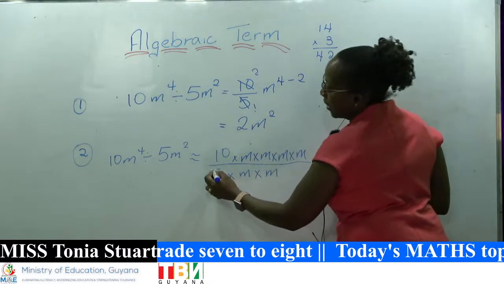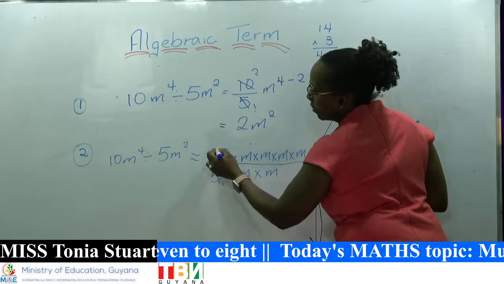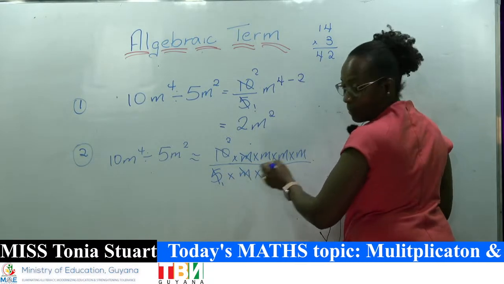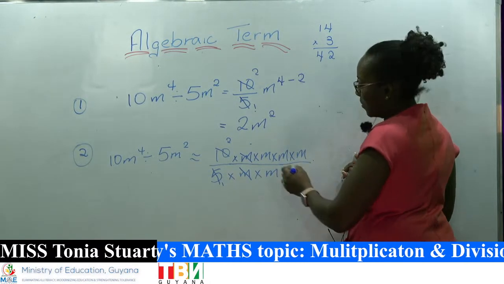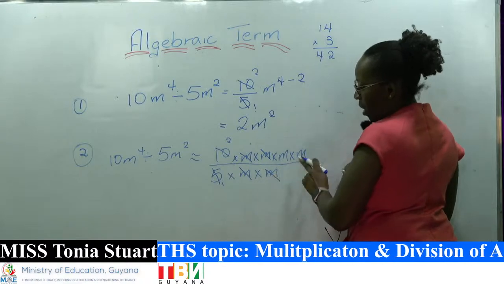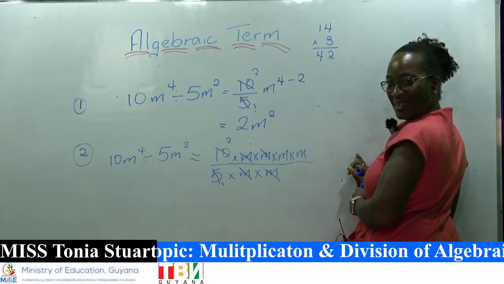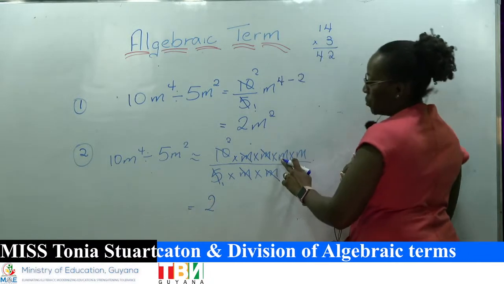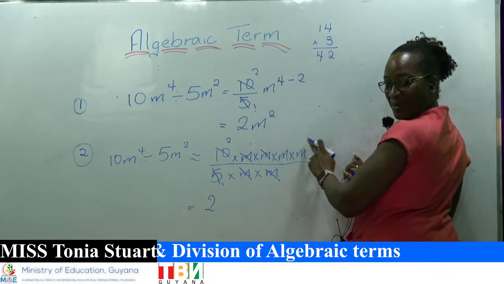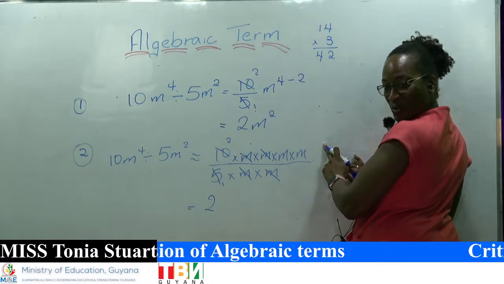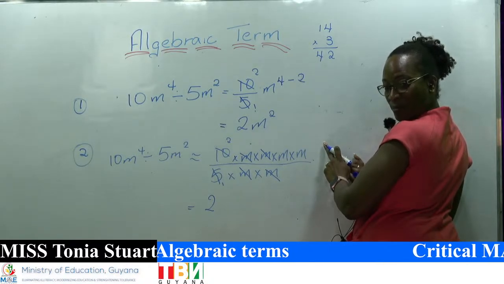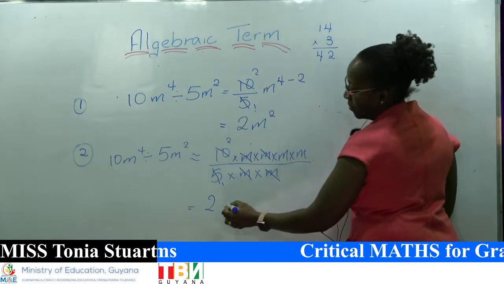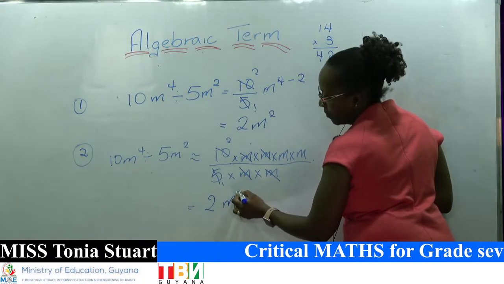So just as we can cancel 5 into 5, 1, 5 into 10, 2, m cancels m. Seen it? M cancels m. How many m's do we have remaining? 2. And remember when we started and we had the 2 letters, we said we're going to add the powers to know how many letters we have. So 1 plus 1 is? 2. So we have m square.